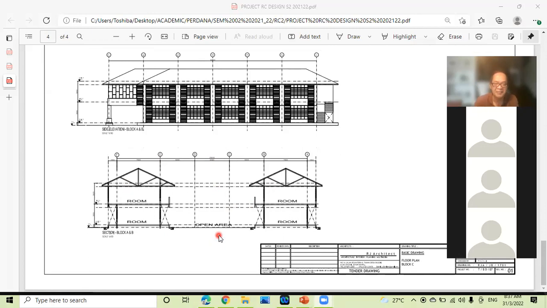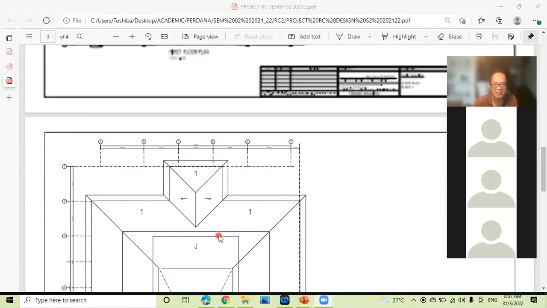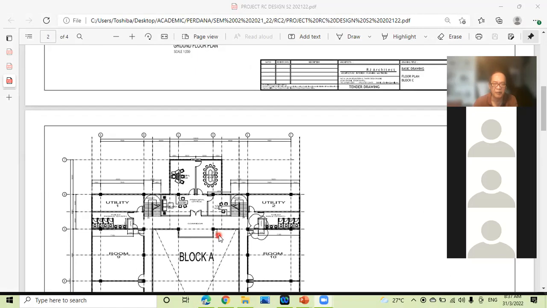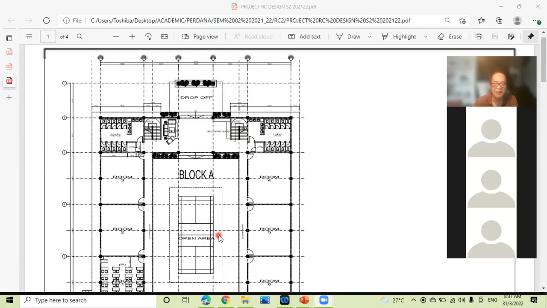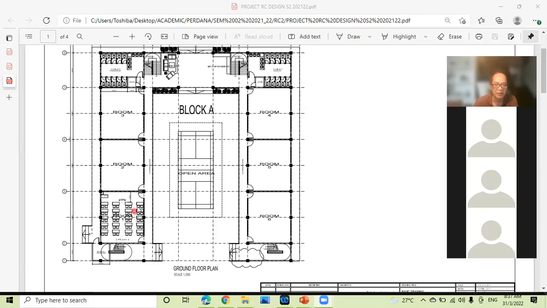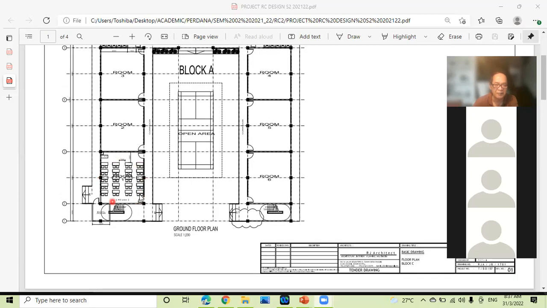So this is the basic drawing, bolehlah dikatakan sebagai the architectural drawing for a 2-story school, bangunan sekolah. And because the indication is that we have a classroom punya arrangement di sini, we can safely say that the building is a school, a 2-story school, bangunan sekolah 2 tingkat. Okay? Right.